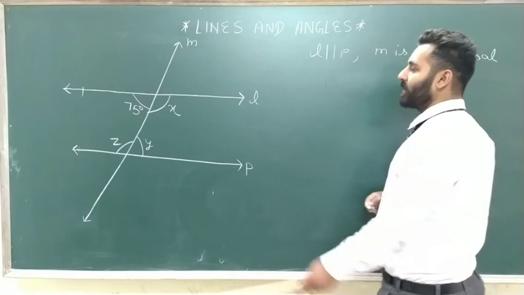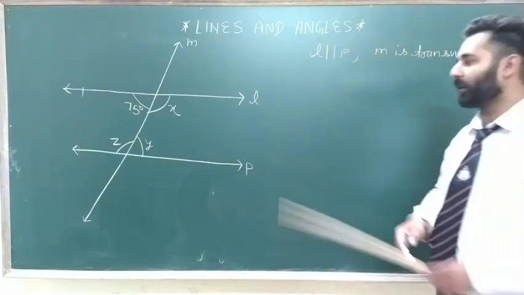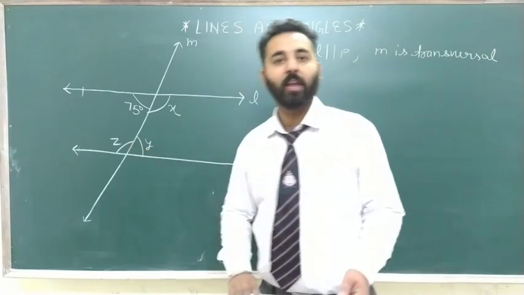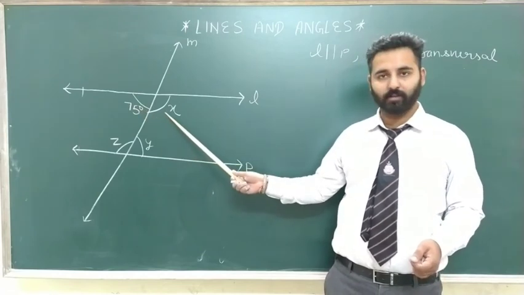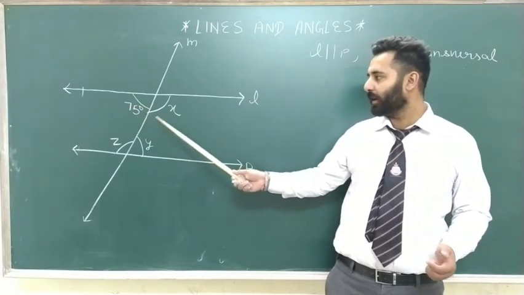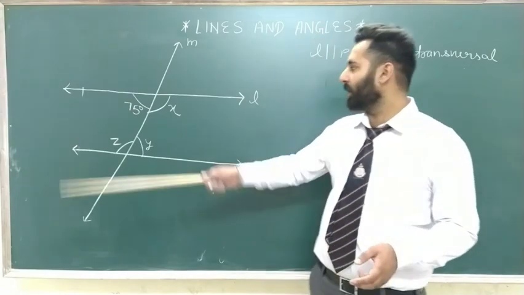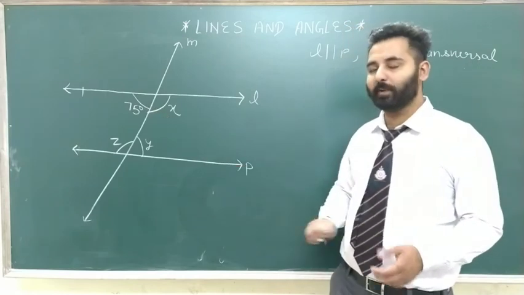Now one angle is given to you, 75 degrees. You have to find three angles, X, Y and Z. As you can see, 75 and X are making a linear pair. They are on a straight line L. So they are making a linear pair.